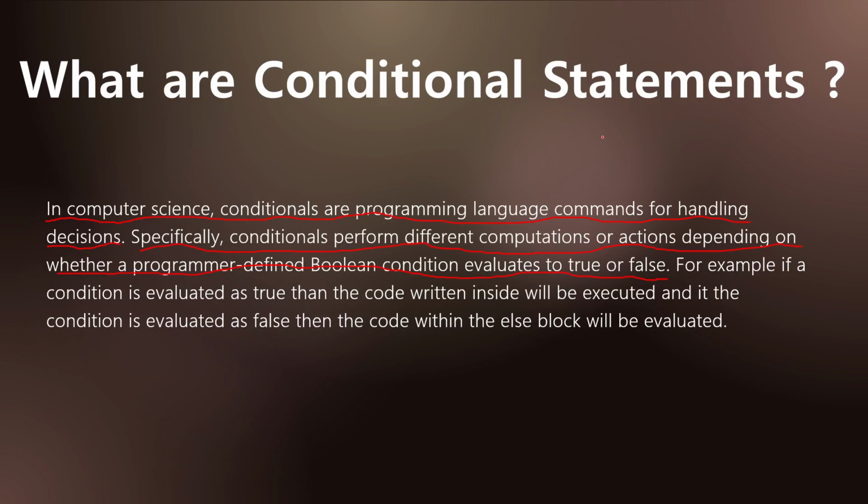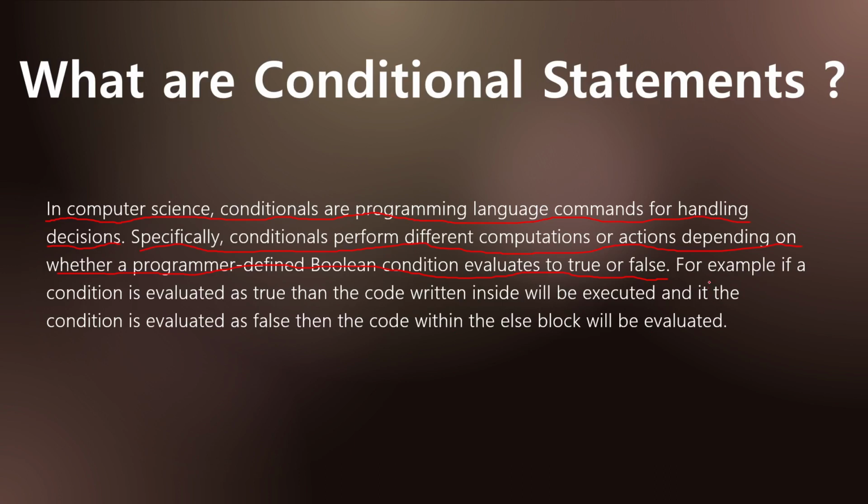If it evaluates as true, it will execute the code they want, and if false, they can execute the other code. For example, if a condition is evaluated as true, then the code written inside will be executed, and if the condition is evaluated as false, then the code within the else block will be executed.